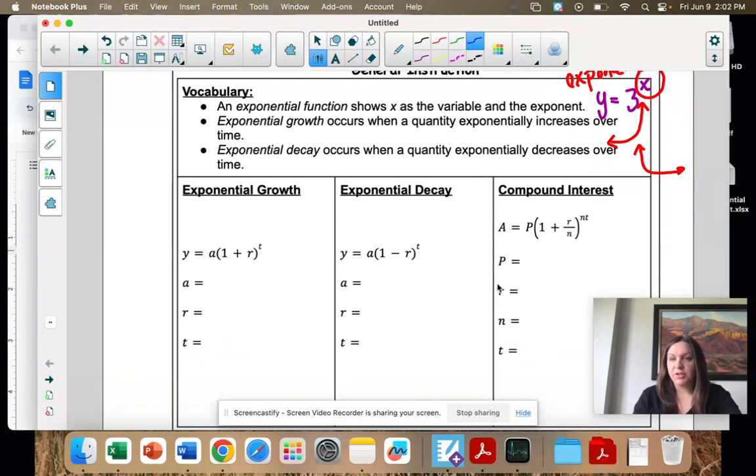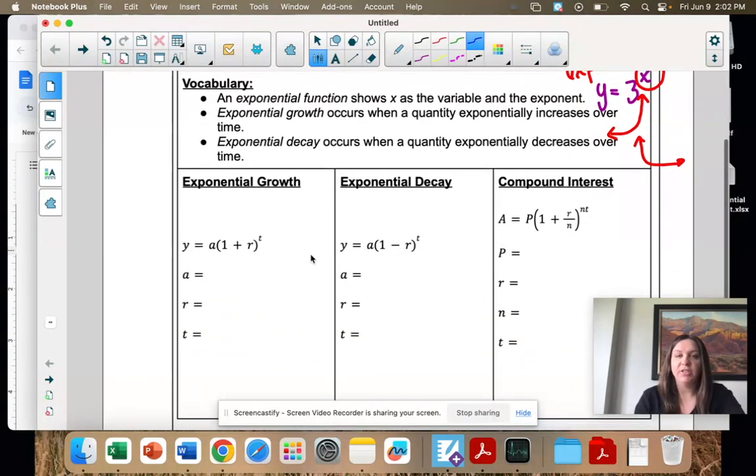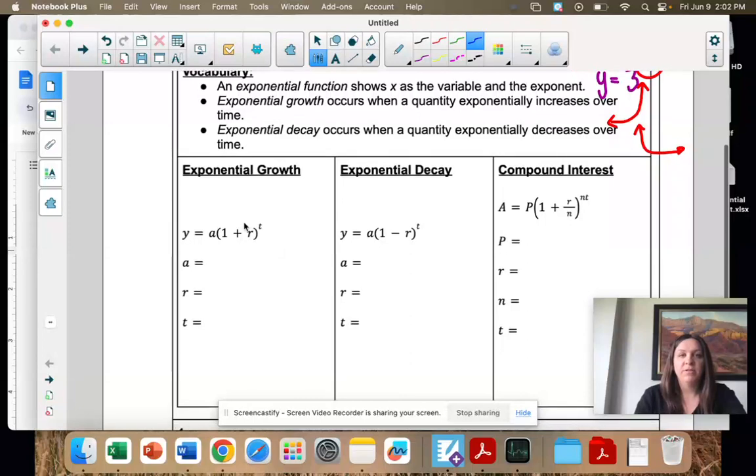So in this section, we're going to look at 3 equations, and they're all exponential because we have a variable as our exponent. So the growth equation, y equals a(1 plus r) to the t, and then the exponential decay, the only difference is a minus. So A is our initial amount.